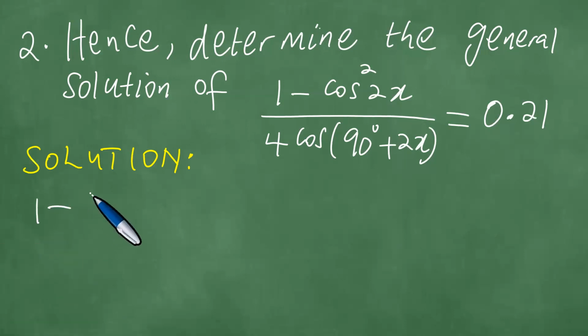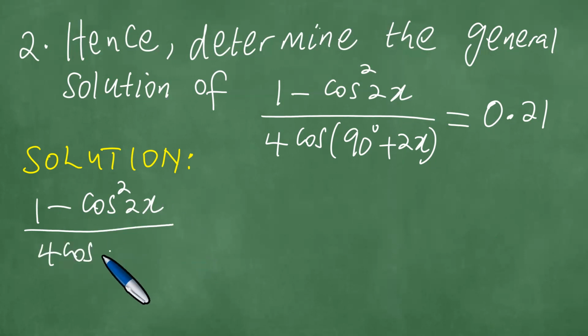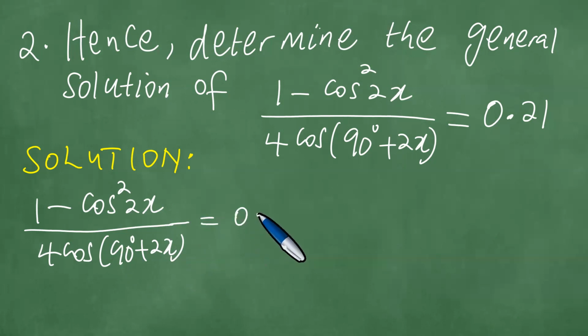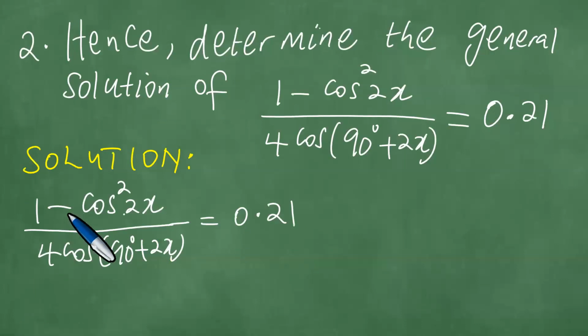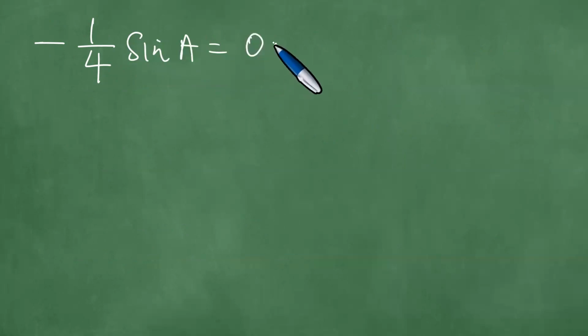If you have 1 minus cosine squared of 2x divided by 4 cosine of 90 degrees plus 2x, which is 0.21, this becomes minus 1/4 sine 2x, which is 0.21.